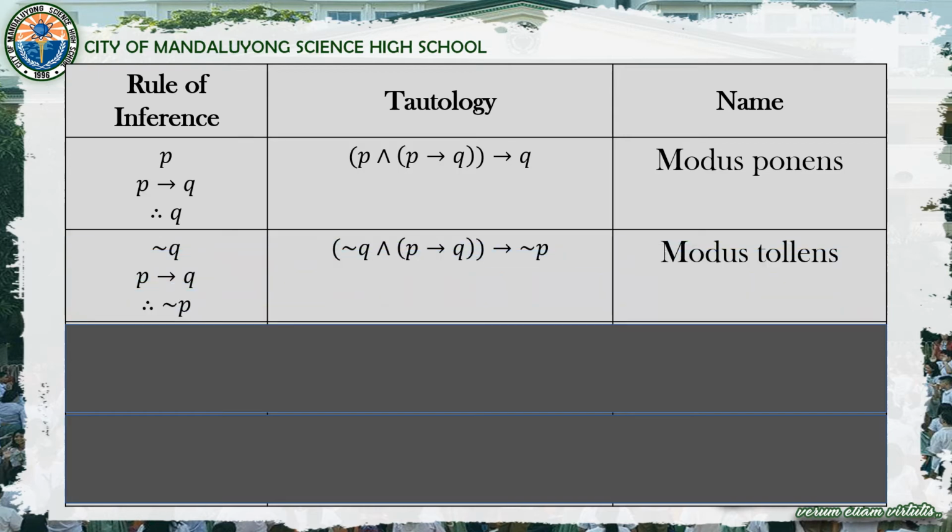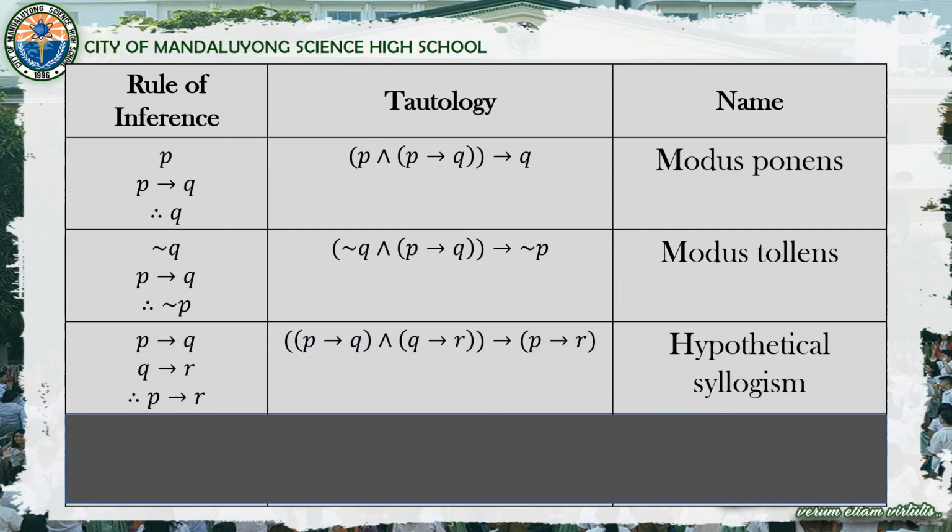And then second, we have the modus tollens. Okay? We have the premises which are not Q, and then, next premise, P implies Q. Therefore, we have not P. Okay? And then the third one, we have the hypothetical syllogism.